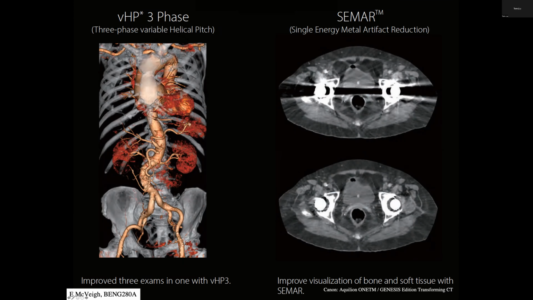Some interesting things happen in CT, for instance, when patients have metallic implants. Metals obviously absorb a lot of x-rays compared to tissue. And so they have a very, very bright signal in the raw data. And they can often completely obscure the signal, say, between them.